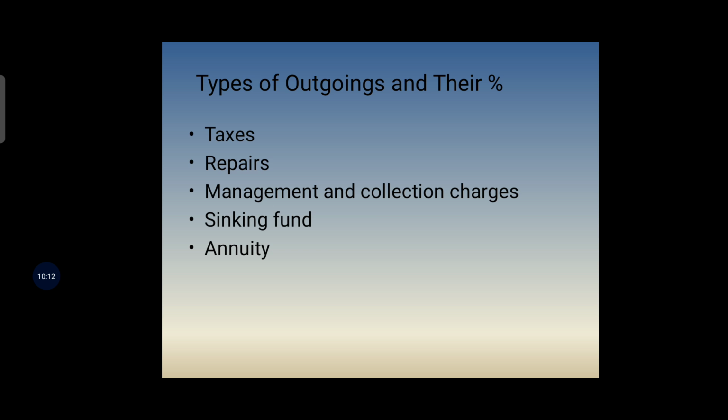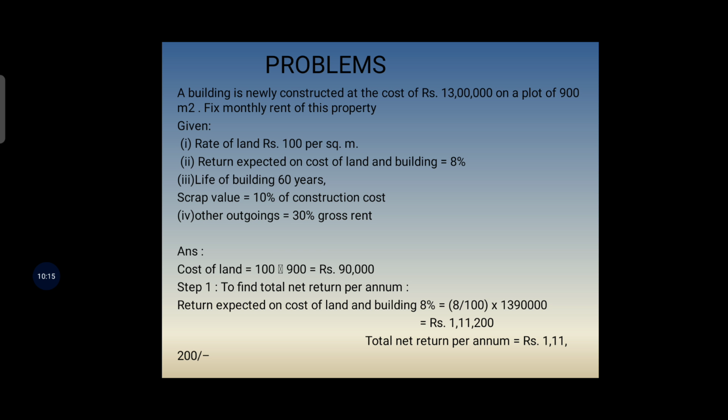So now the next one is the problems which come in this valuation. Here we calculate and fix a monthly rent of the property. The example is a building newly constructed, and the cost of construction is given as 13 lakh on a plot of 900 square meters.